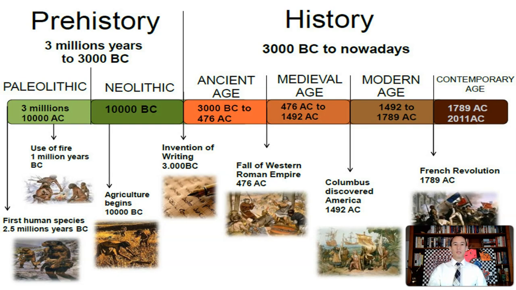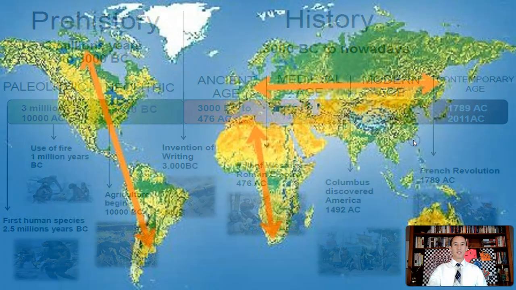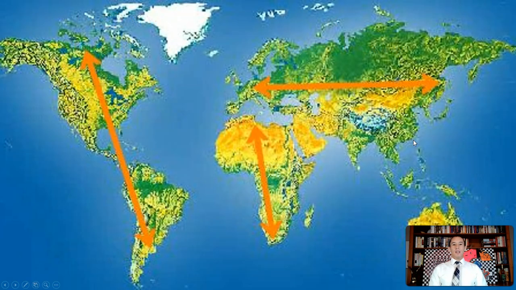First and foremost, geography, and this is vitally important to understand. The biggest reason that the European nations will come out on top is because they are along a horizontal axis with Asia.